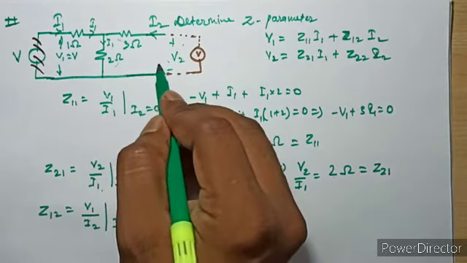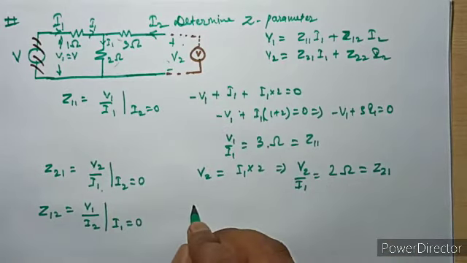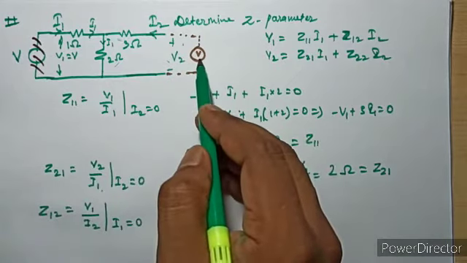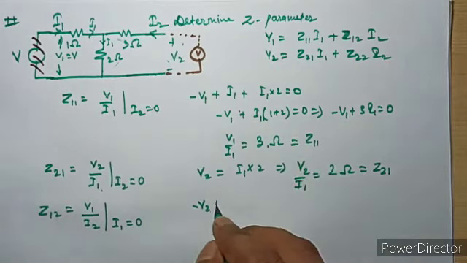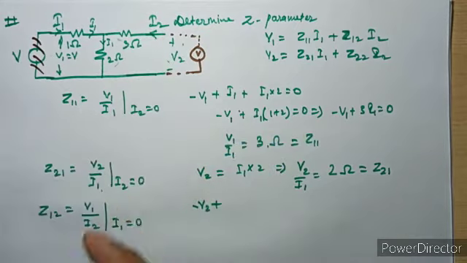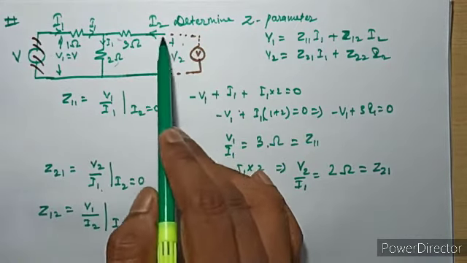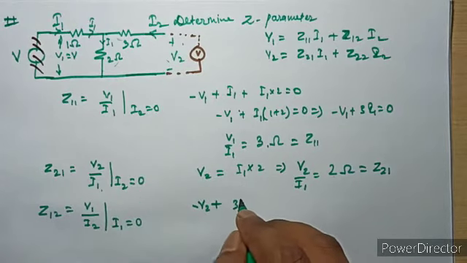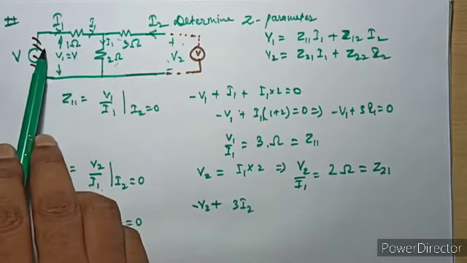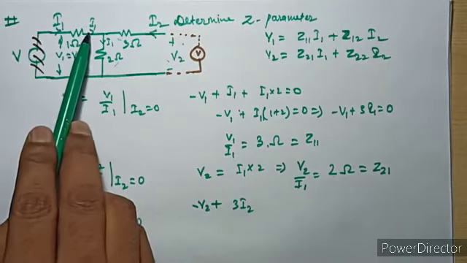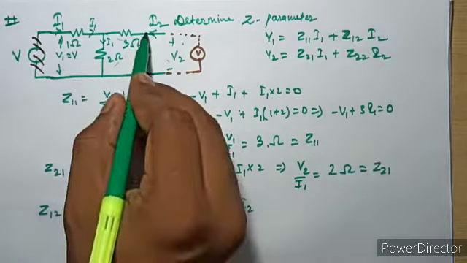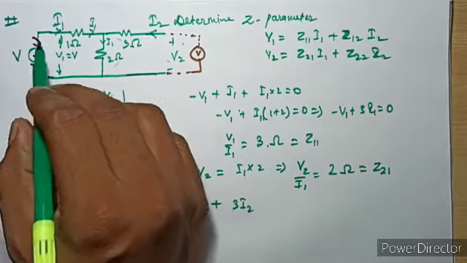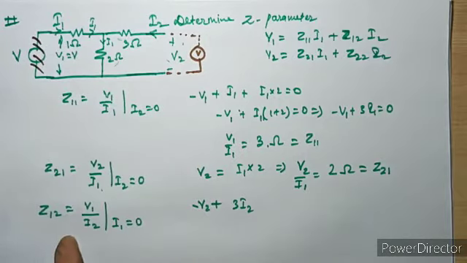So writing KVL in this loop, we will have minus V2, V2 or V will be the same, so minus V2 plus, since I2 will flow because we have applied a voltage source and the current is I2, so minus V2 plus 3I2. Since this port is open, I1 will be 0, so this current will flow through this, not through this, because this port is open circuit while we are calculating Z12.